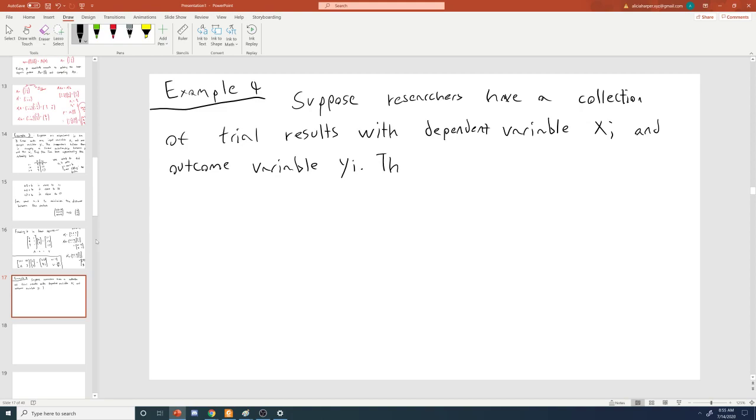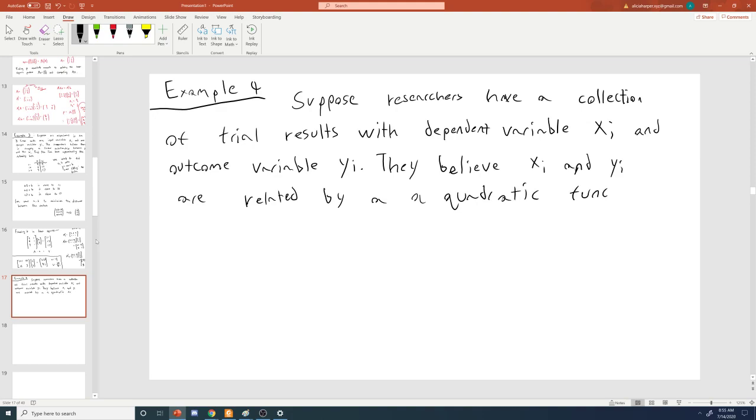They believe xi and yi are related by a quadratic function, ax squared plus bx plus c.